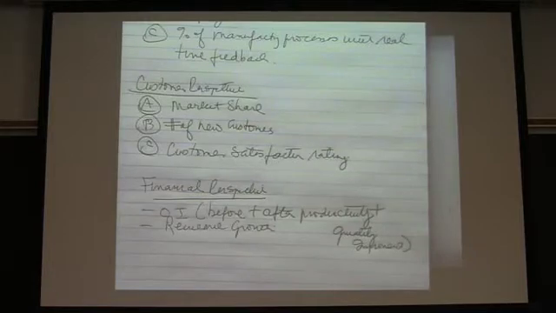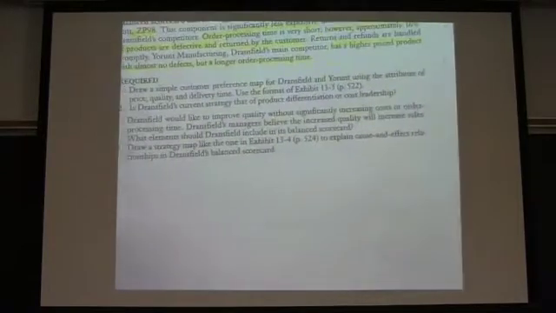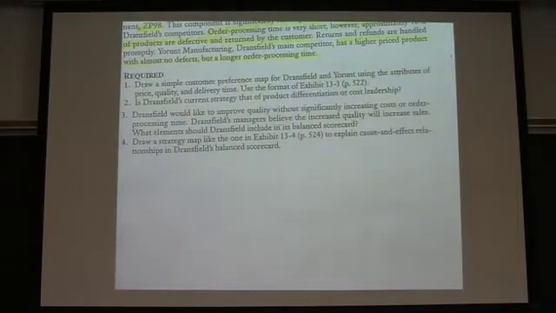Now, the last part of the question says, draw a strategy map to explain the cause and effect relationship. So what they're saying is, we know that these balanced scorecard non-financial metrics have an effect, have a relationship.